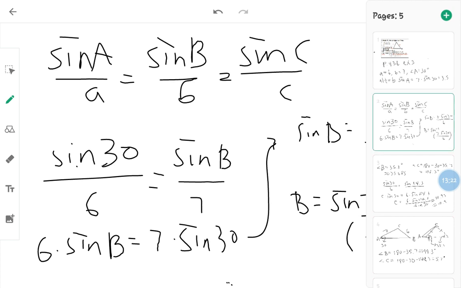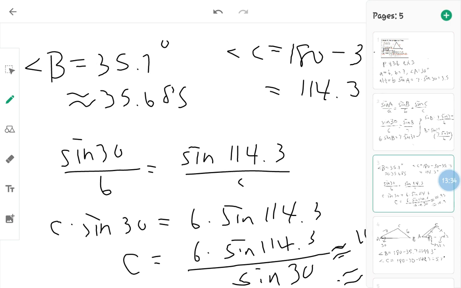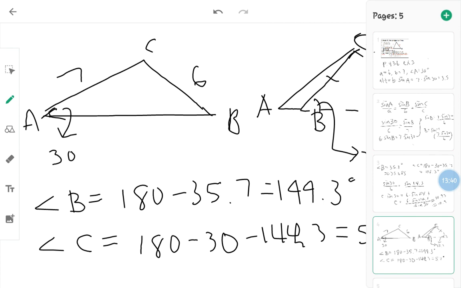So this slide is talking about how we get our acute one. I just applied the law of sines to find my angle B and find my side C. Okay, and the next slide is talking about how we got our obtuse one. How can we get the obtuse one?